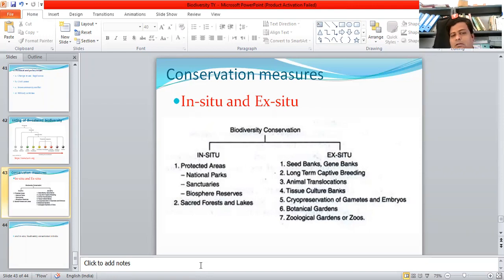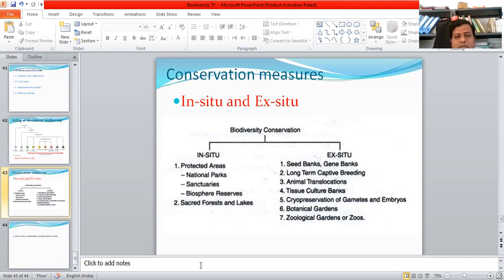As we have already discussed, the increase in population pressure and development activity has led to large-scale destruction and depletion of these natural resources. For the protection, preservation, management, and restoration of wildlife and natural resources such as forests, these two types of conservation methods have been used.